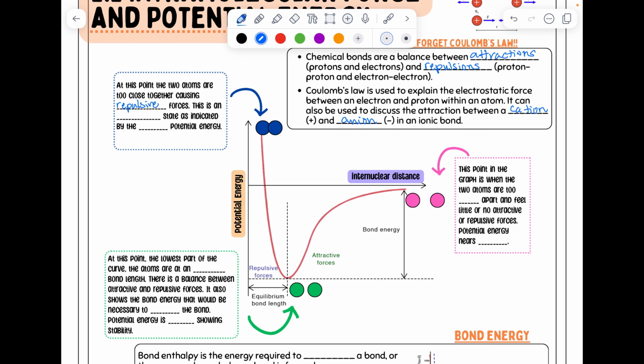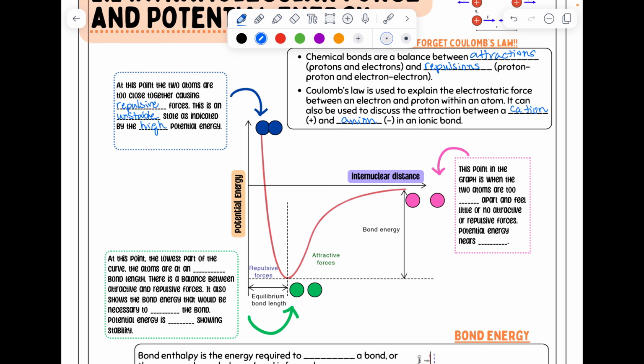This is an unstable state as indicated by the high potential energy. So high potential energy means there's a lot of energy needed to keep this bond in place. And in nature, everything likes the lowest potential energy or a low energy state. It gravitates towards lower energy states.